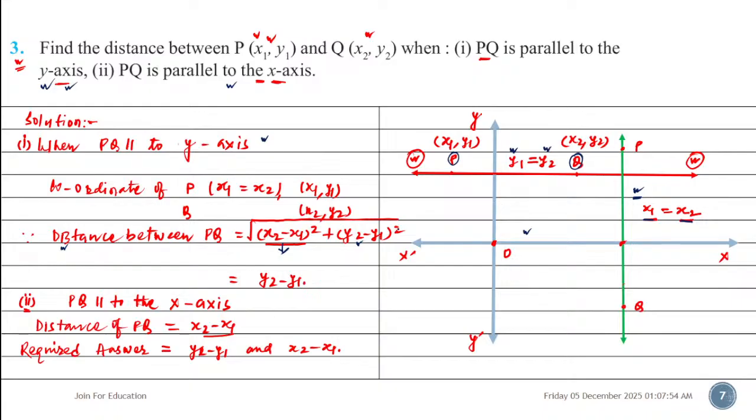So we cancel the square with the root and we get this one. Similarly, if PQ is parallel to the x-axis, then y2 minus y1 part will be 0. So hope that there is no problem to understand the solution of question number 3.